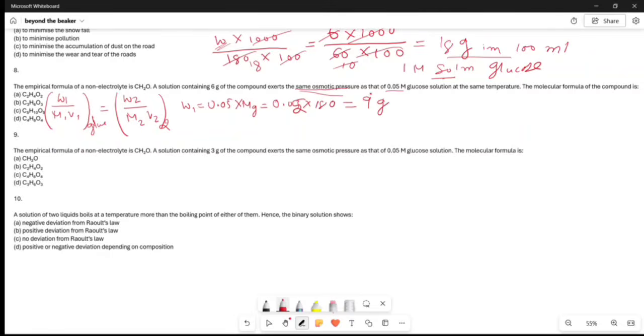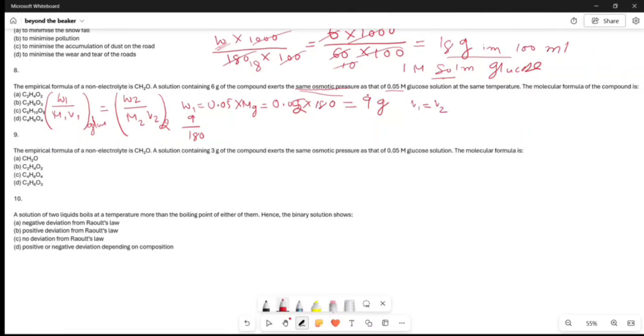That is W1. Then I know M1. M1 is the molar mass, it is 180. See here, we substitute these values now. W1 is 9, M1, the molar mass of the glucose, is 180. Here we assume that V1 is equal to V2.